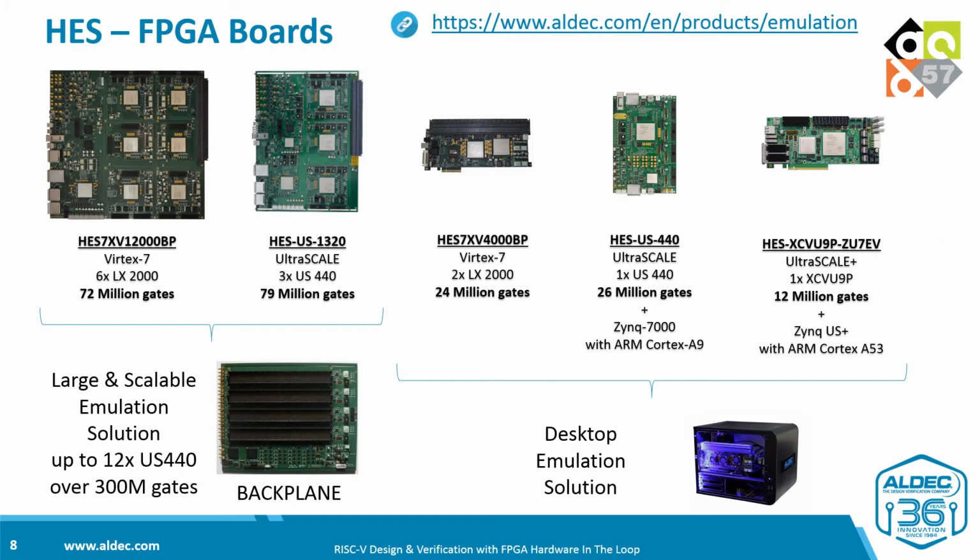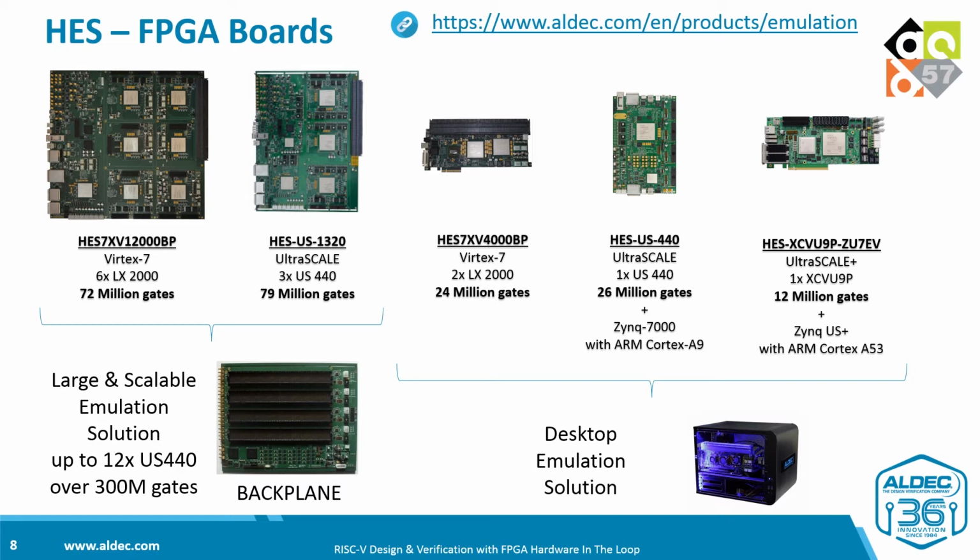So let's look into the hardware. The rich portfolio of HES FPGA boards contains single, dual and scalable multi-FPGA systems. Aldec HES boards are built with the largest Xilinx Virtex 7, UltraScale and UltraScale Plus FPGAs. Single and dual FPGA boards are often used as desktop emulation for block-level verification, but also for system level if used in co-emulation with virtual platforms.